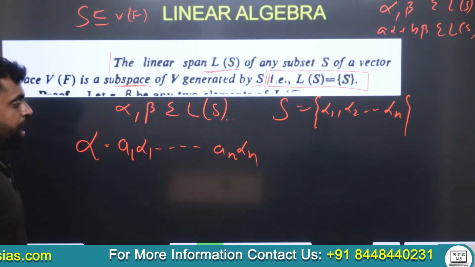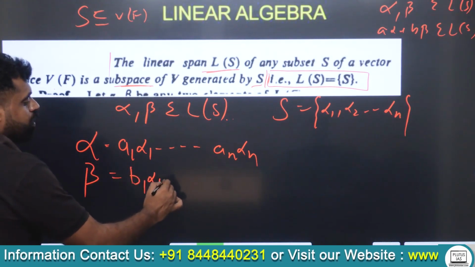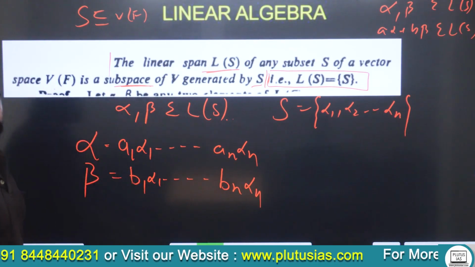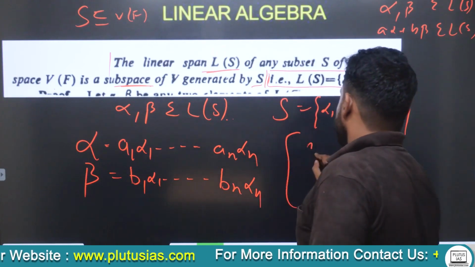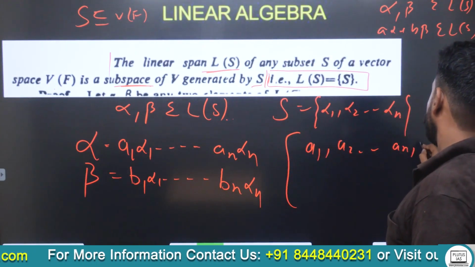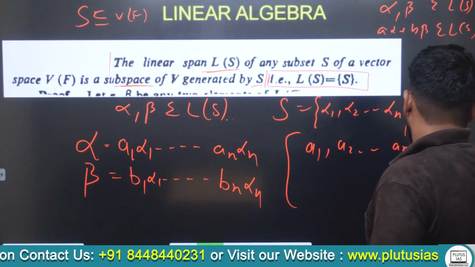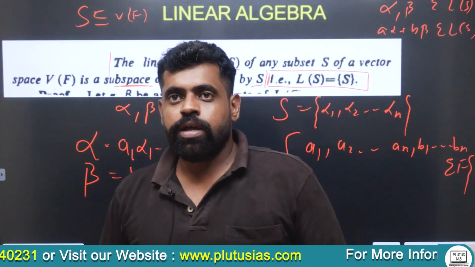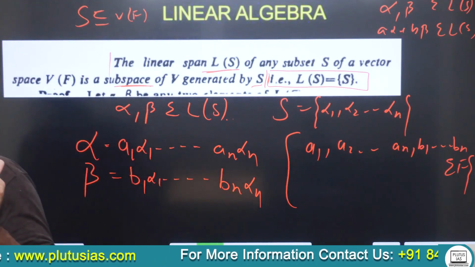And beta will be of the form b1 alpha 1 plus dot dot dot plus bn alpha n. Where a1, a2, dot dot dot an, b1, dot dot dot bn all belong to the field F. Since alpha belongs to the linear span of S, it will be of this form only.